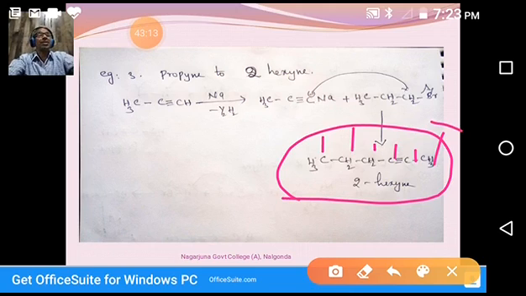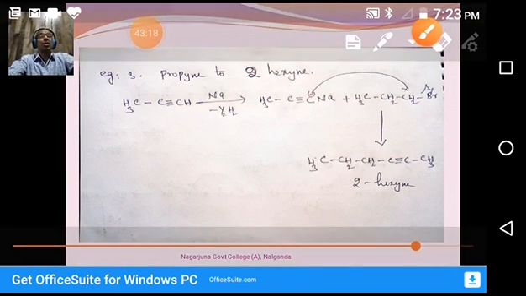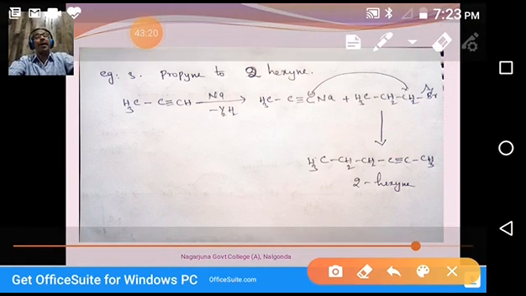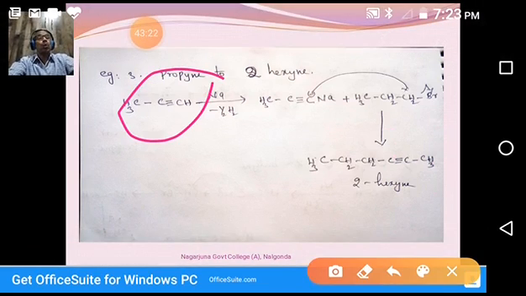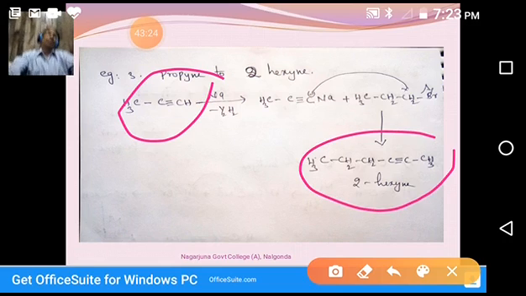That's why it's 2-hexyne. So in this way, we have prepared 2-hexyne from propyne.